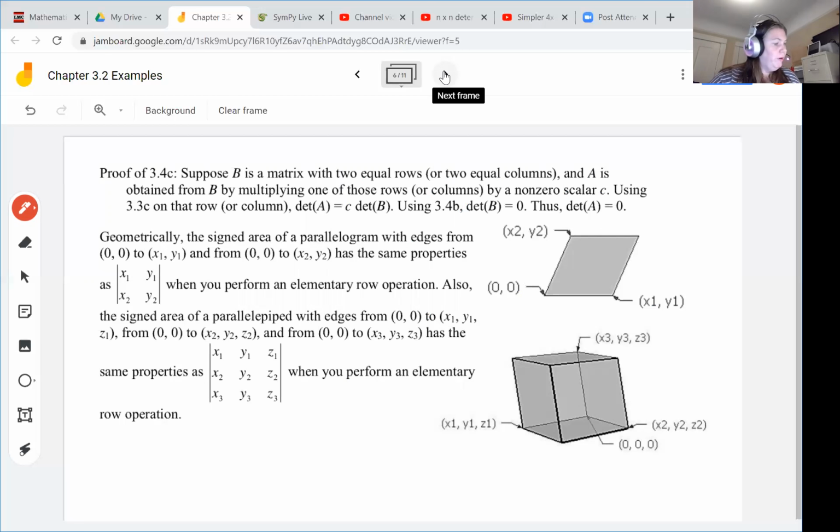All right, 3.4c is the case that yields a 0 determinant. We're told if one row is a multiple of another row, or one column is a multiple of another column, we're going to get a determinant 0.